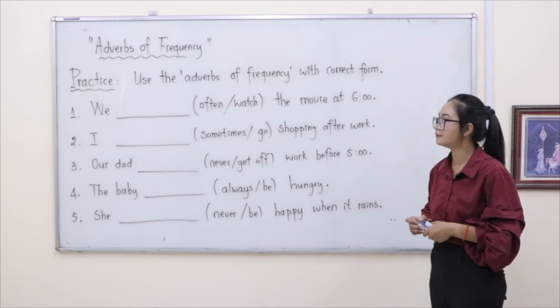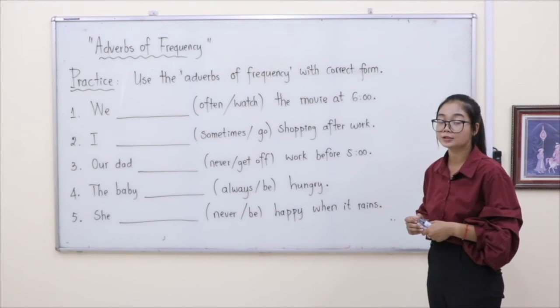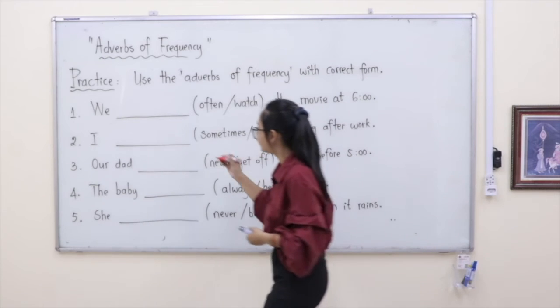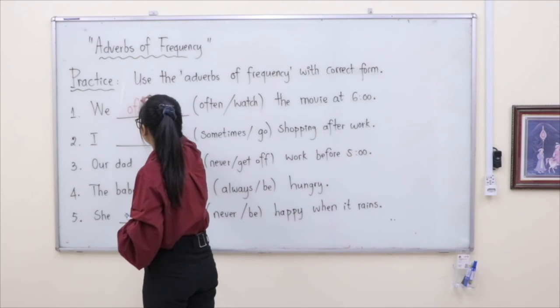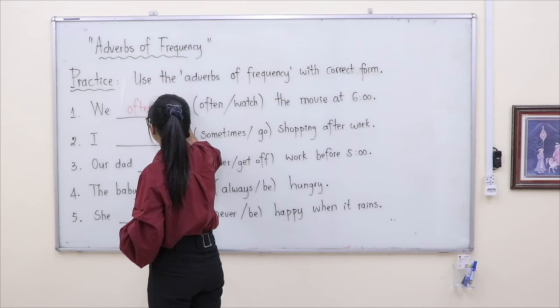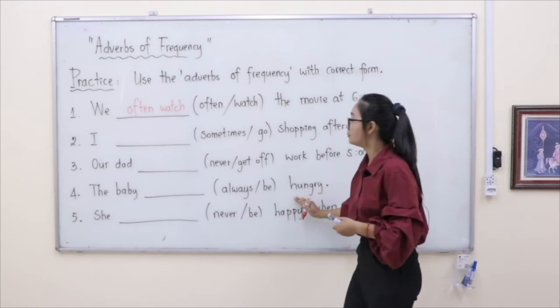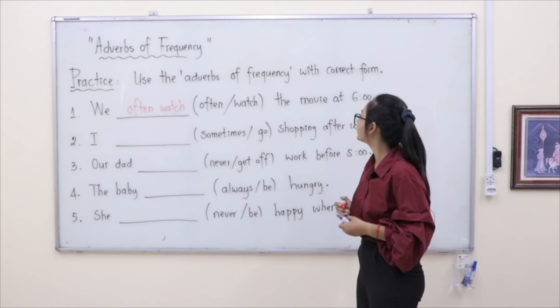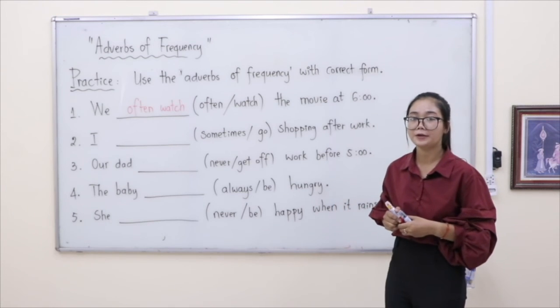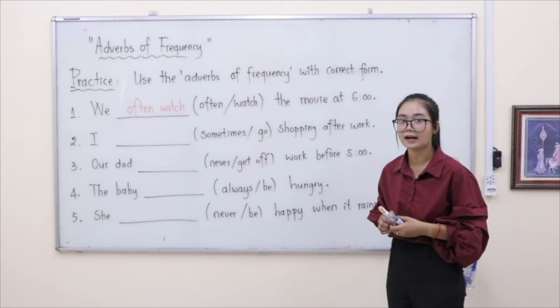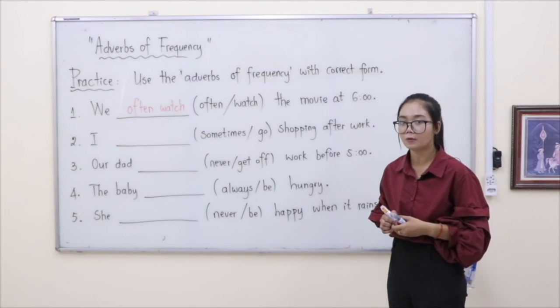We blank often watch the movie at 6. So what is the answer? The answer is, we often watch the movie at 6. We use the adverb before the main verb. So the adverb of frequency is often and the main verb is watch.